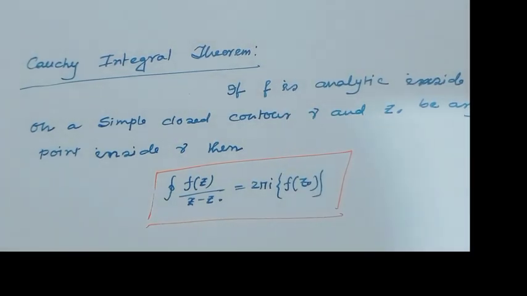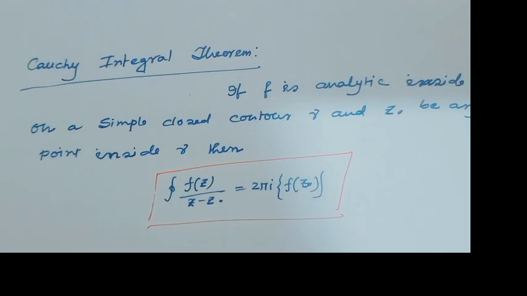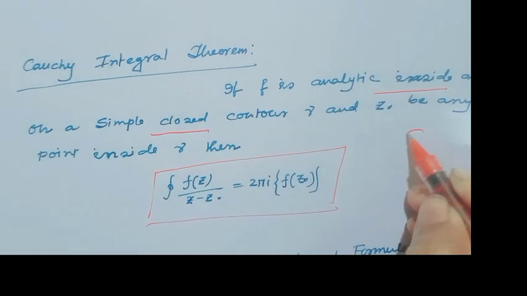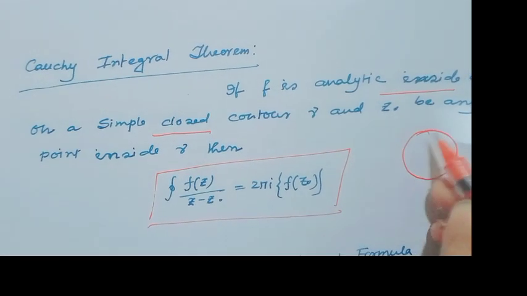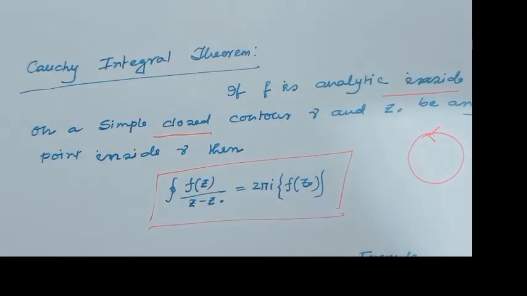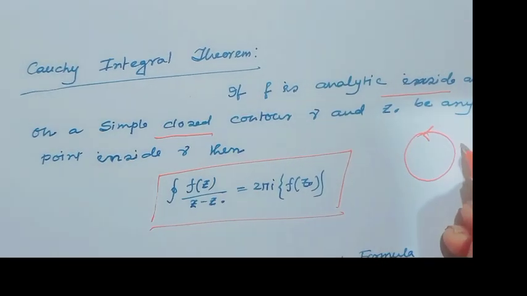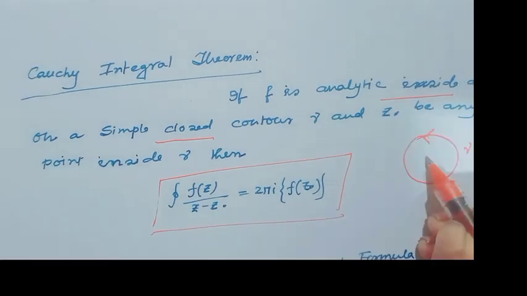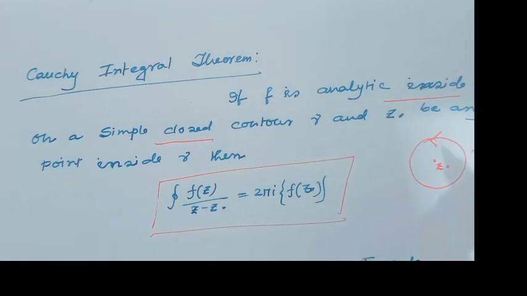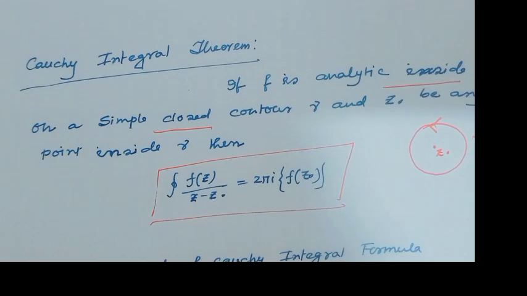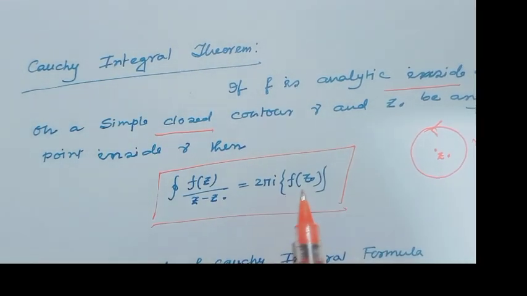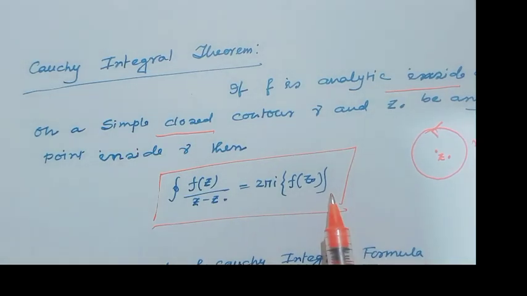If f is analytic inside and on a simple closed contour gamma, and z naught is any point inside gamma, then the integral of f(z) over z minus z naught equals 2 pi i f(z naught).